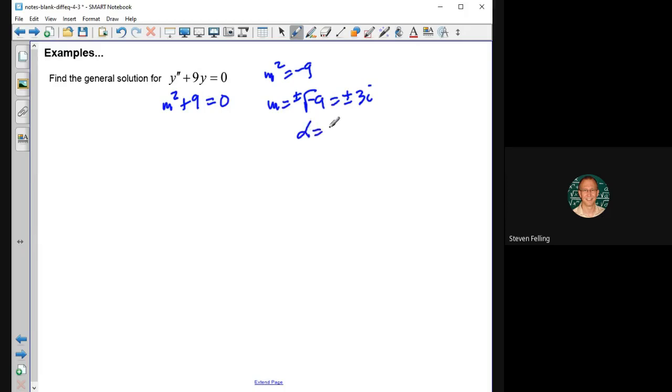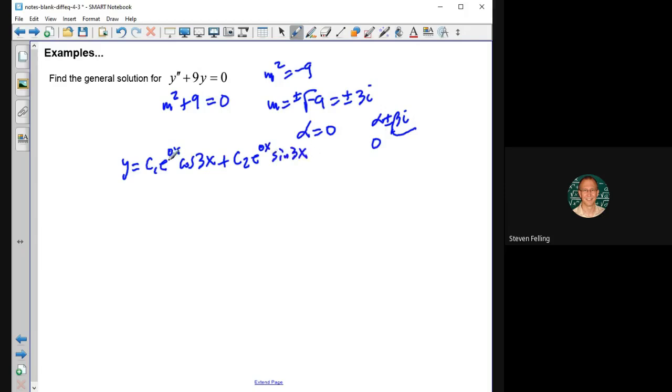It's just that alpha happens to be 0. So my alpha plus or minus beta i, alpha is 0. It's just purely complex. That's okay. We use the same pattern. We just say y equals c1 e to the 0x cosine of 3x, because the beta is 3, plus c2 e to the 0x sine 3x.